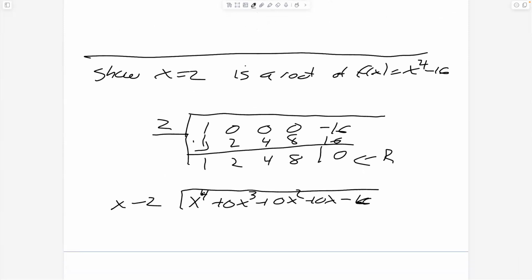So instead of starting over top of here, we always move over 1. So we would get x cubed plus 2x squared plus 4x plus 8, and then plus 0, which we don't need to write because it's 0. Okay, that's a good place to stop.